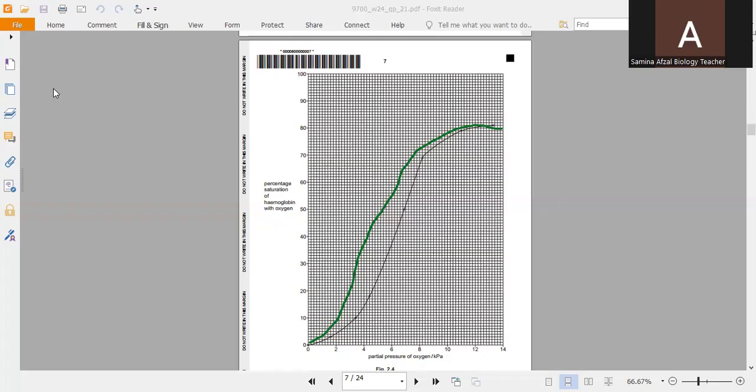Let me draw it again, as it is a little bit, it will move in this way.